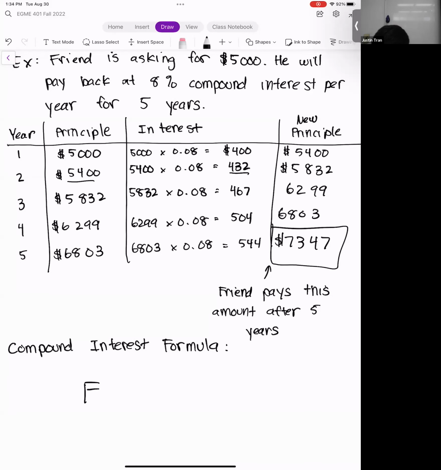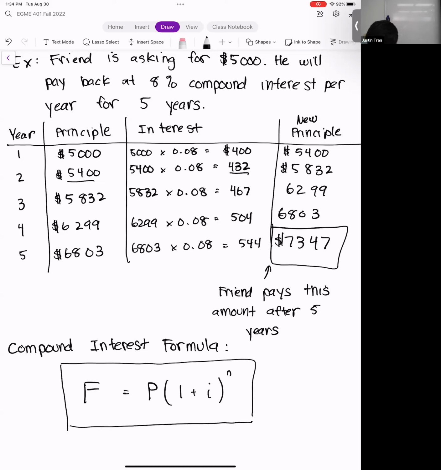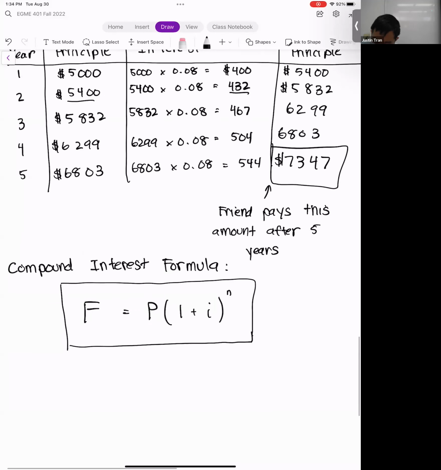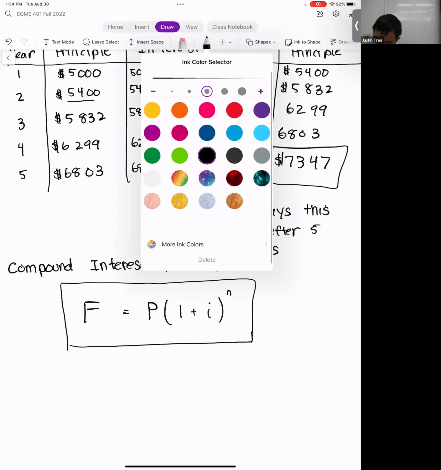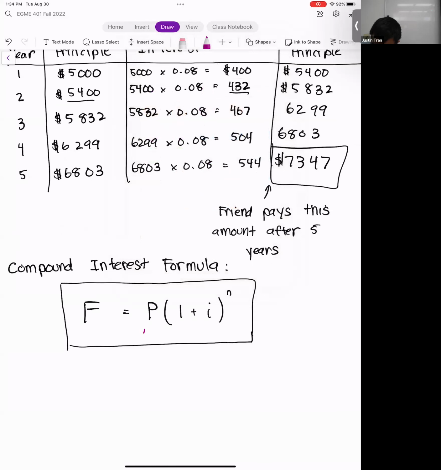So our compound interest formula is F equals P times (1 plus I), and we're going to raise that (1 plus I) to the n power. Let me label these terms. First we have P. Just like before, P here is our principal amount.